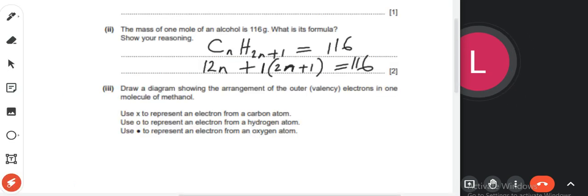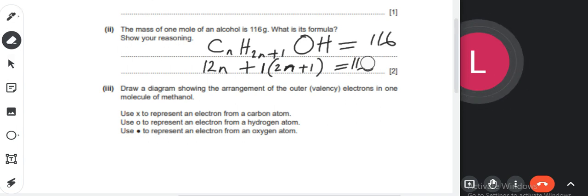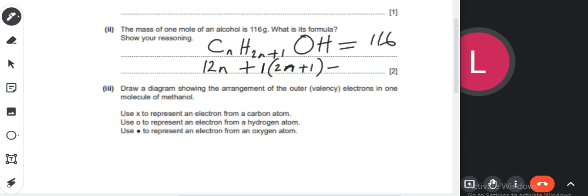So when you are writing this, you have to include OH in this. We give you 116. We have the mass numbers of each of these. So in writing this, we should add 16 for oxygen, and then of course 1 for hydrogen.